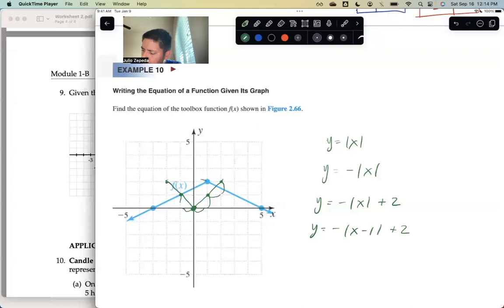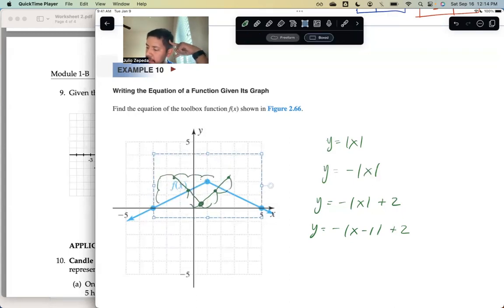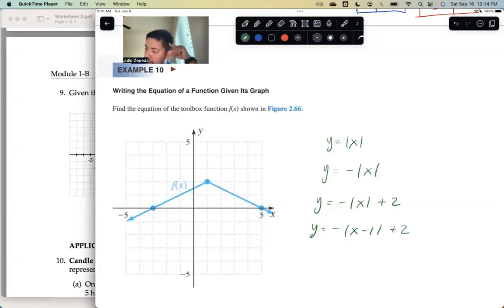So you have to go over 1, 2, 3, 4, up 2. Okay. And you can also see, if you look closely, you can also go over 2, up 1.